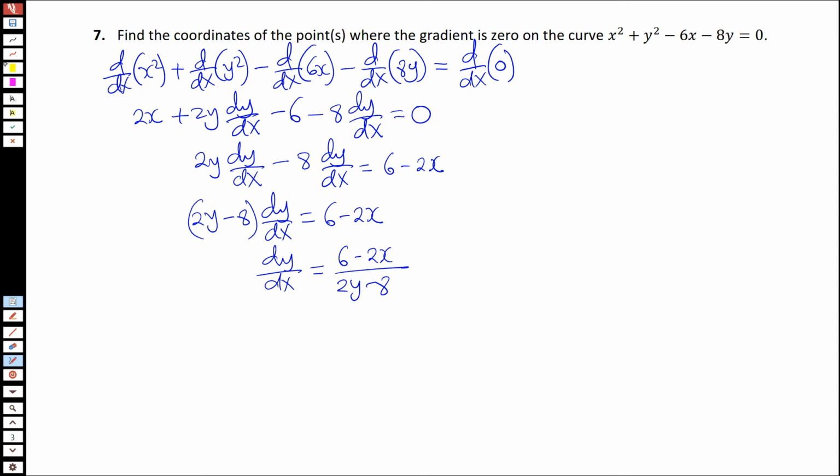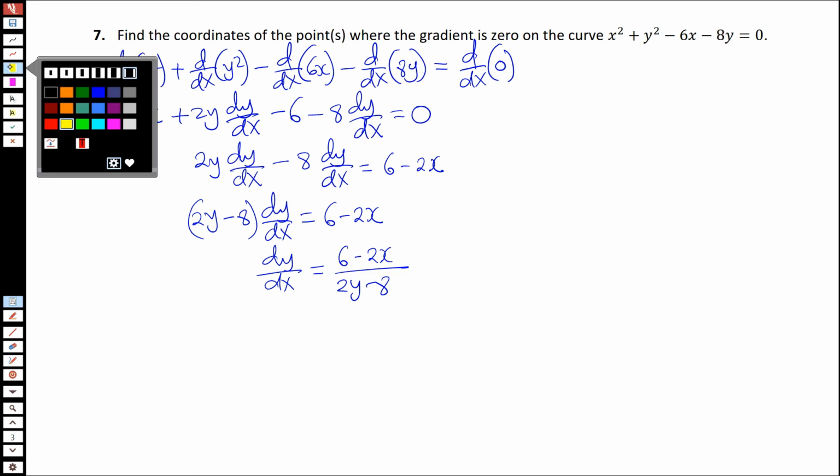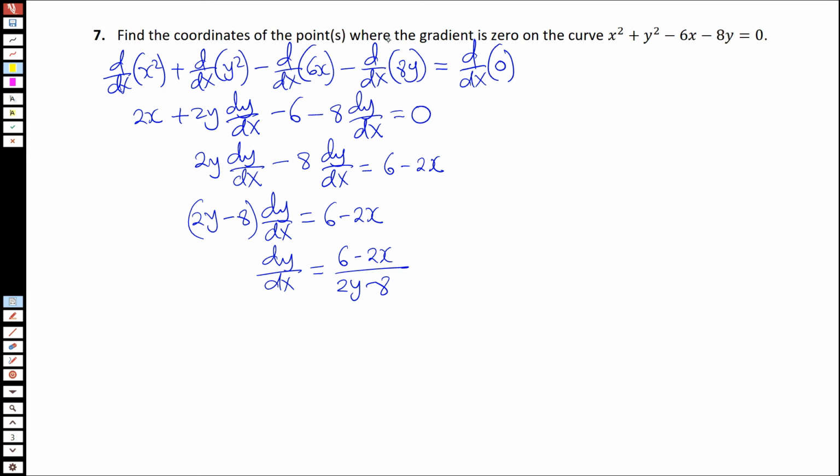Now, once we have that, what we can do is proceed to this condition. This condition states that we want the point where the gradient is 0. So the point where the gradient is 0 means that dy over dx should be equal to 0 at that point.